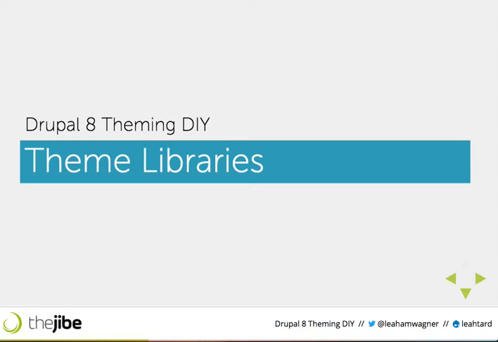So probably the widest, most used example would be Views Slideshow, where you would download jQuery's slider, input it in your libraries folder, and that package of JavaScript that powered the slideshow was compartmentalized, and it was only loaded as needed. But this was also obviously done through the contrib space, not through the theme layer.